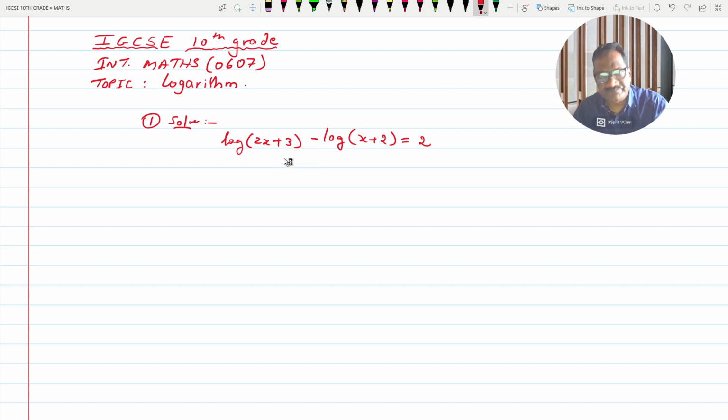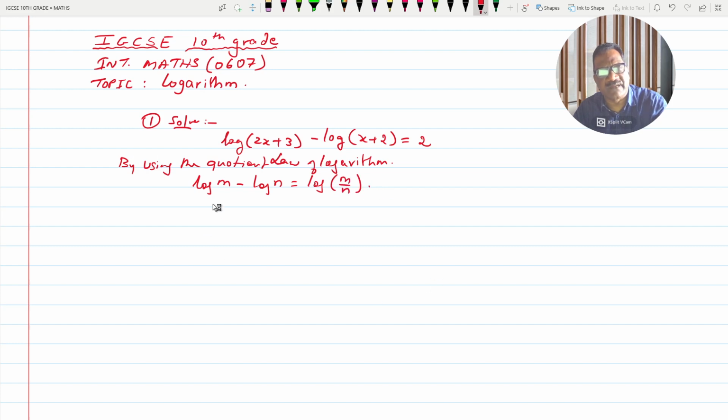Now, by law number 2, that is the quotient law of logarithm, which says that log of m minus log of n should be equal to log of m over n.